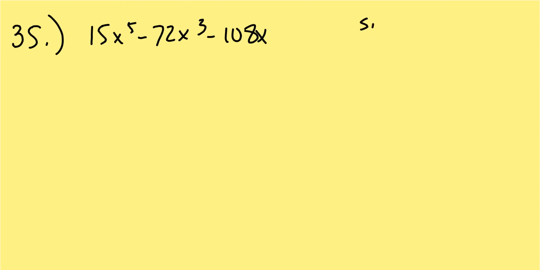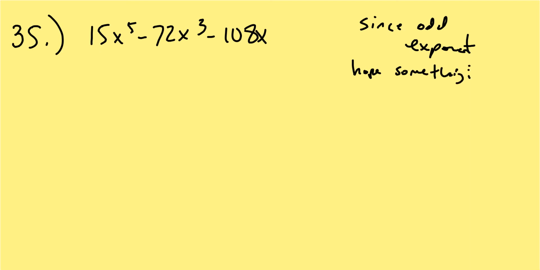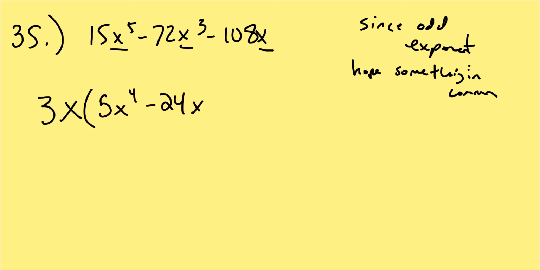So 35. Since it's an odd exponent, I have to hope there's something in common. And there is. They all have an x, so I take out an x. Actually, 5 goes into everything as well. Not 5. 3 goes into everything as well. So it becomes 3x times 5x to the fourth minus 24x squared minus 36.